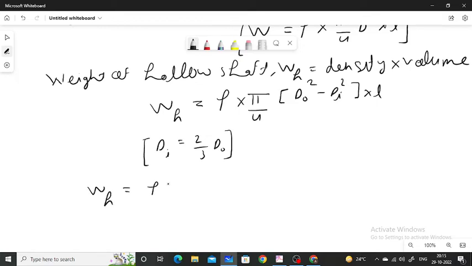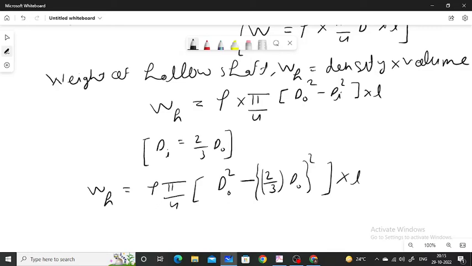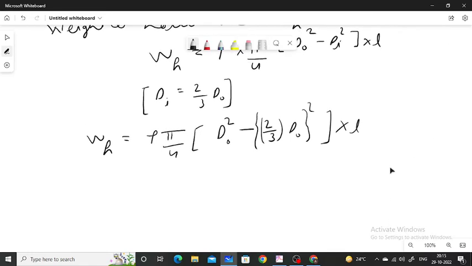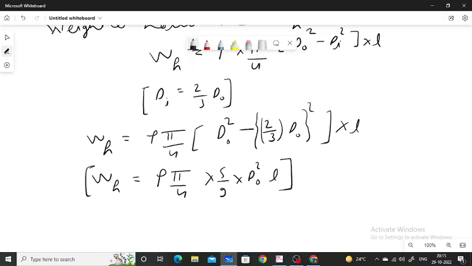Wh will be equal to rho into pi by 4 into (outer diameter of hollow shaft squared minus (2 by 3 of it) squared) into L, or Wh will be equal to rho pi by 4 into 5 by 9 into outer diameter of the hollow shaft squared into length. Clear?